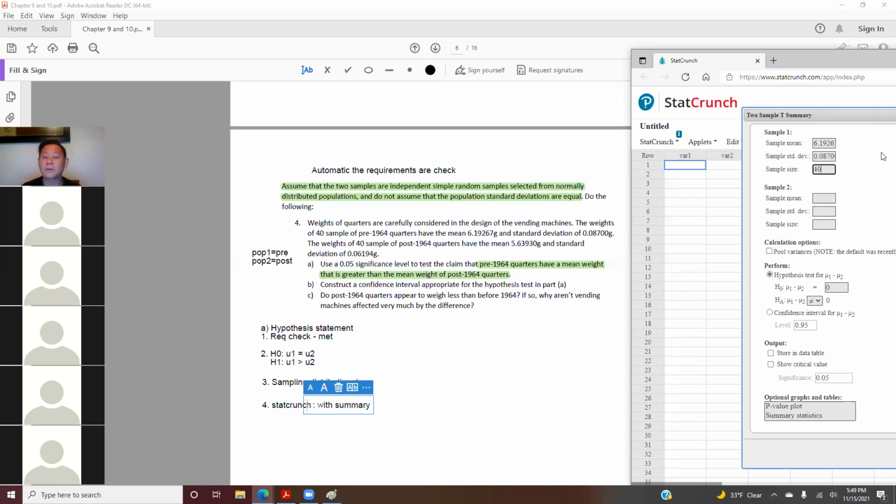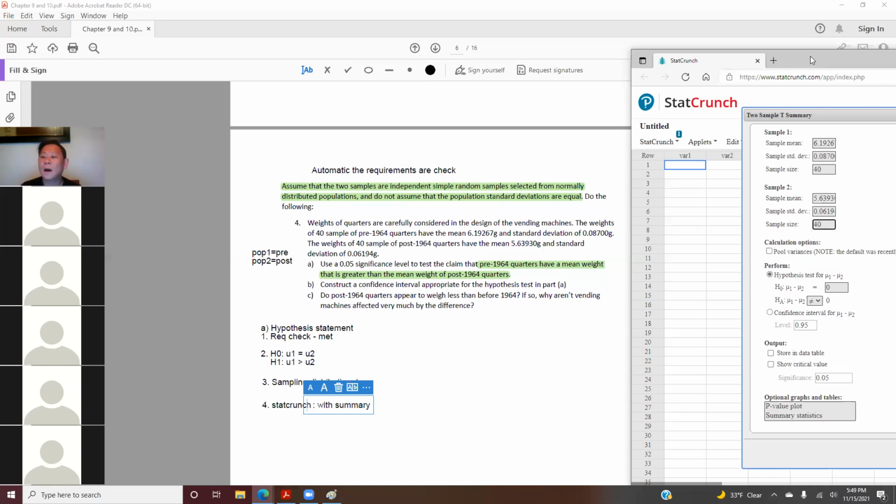How many? 40 quarters. And how about the second one, the post? The mean, 5.63930. Standard deviation, 0.06194. And sample size, 40.